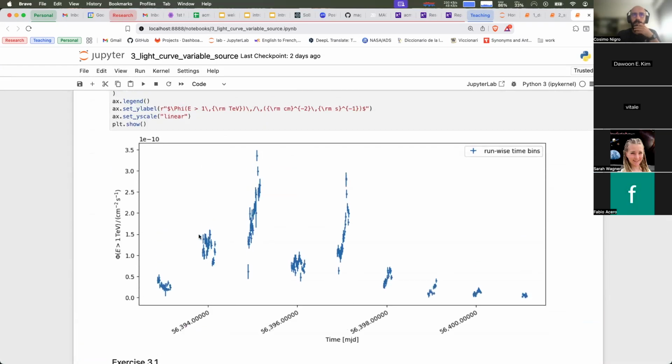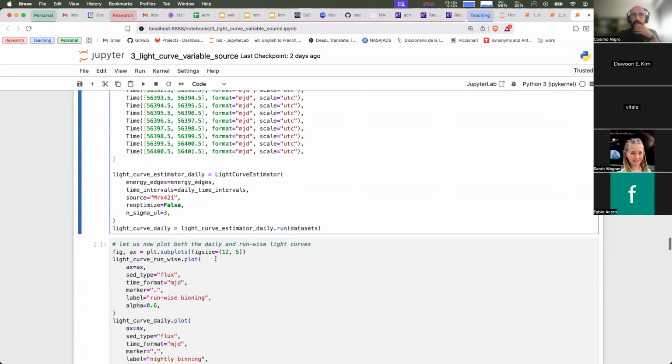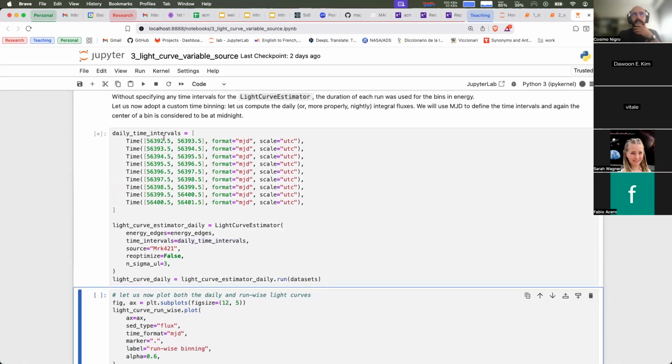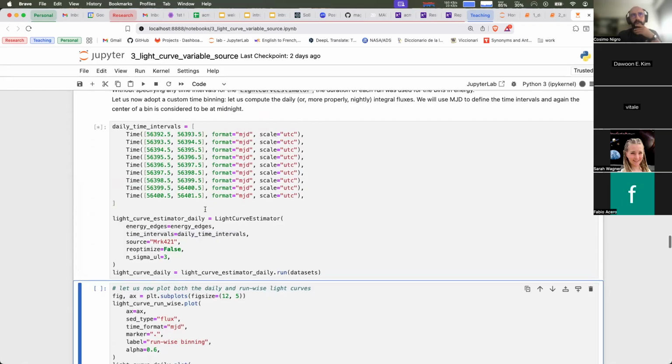So here, each day I have a 20 minutes flux measurement, which is each of the observations. Let's now define time bins to be the width of a day, okay? And we run the light curve estimator as before, but we now pass it these new time intervals. This is basically noon to noon of each of the 10 days of the observation, okay?